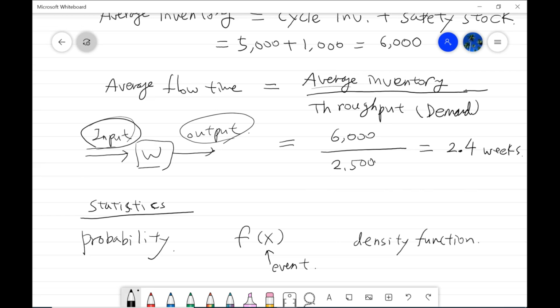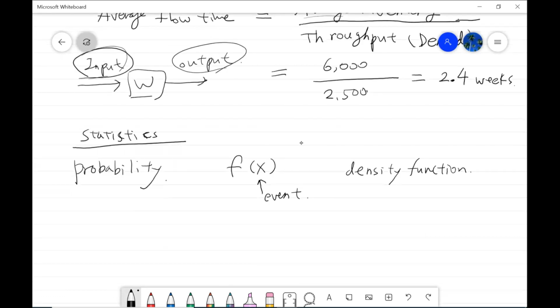In fact, there's another way we can describe a probability. It's like cumulative probability. That is different, but let me just focus on this. I don't want to make you confused. So instead of this function, you may simply indicate it like p(x), the normal way to describe the probability that x events happen.